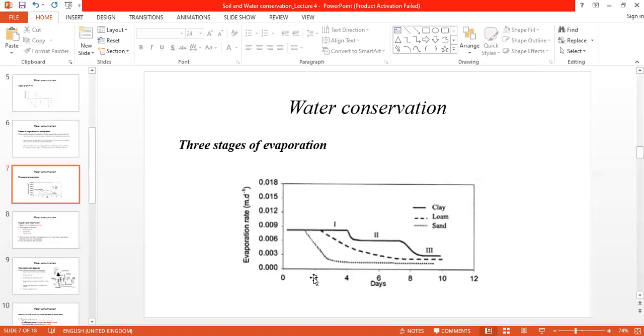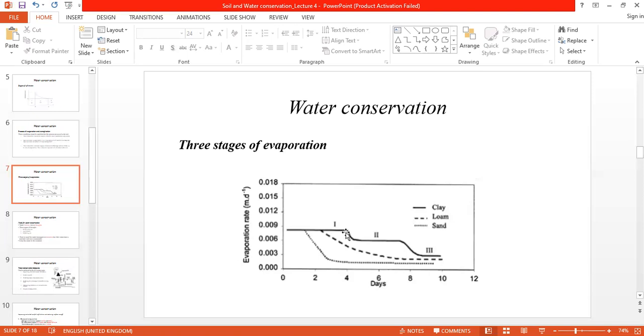In a sandy soil, because of the big pore spaces, most of the water will be evaporated by the second day. But in clay, most of the water is in smaller pore spaces and is held tightly by the soil, so it takes longer to be removed, because a lot of energy has to be exerted to separate it from the soil particles.